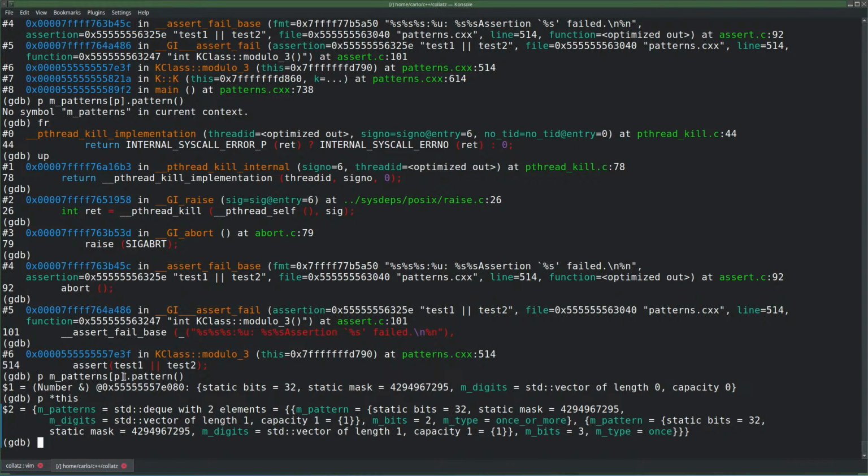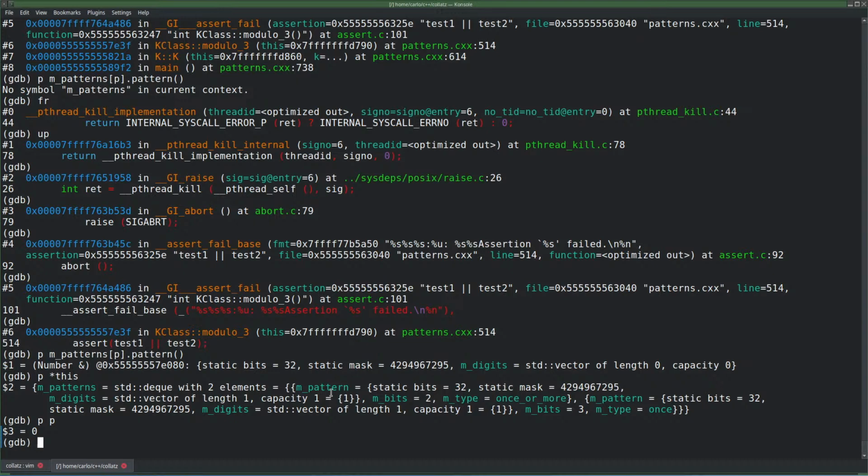Cannot do operator square brackets on a deque. But I've printed like this. It prints the actual values. So with P is 0, we get the first element of the deque, which has m digits of size 1 containing a single 1. So the modulo 3 of that is 1, and the type is ones or more. So yes, now I understand why the assert fails.